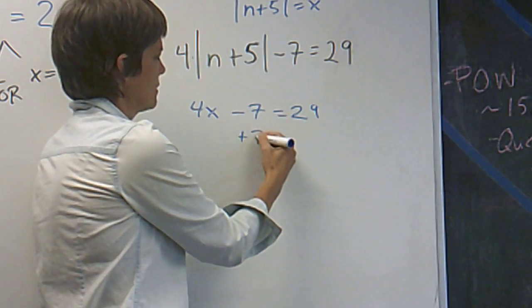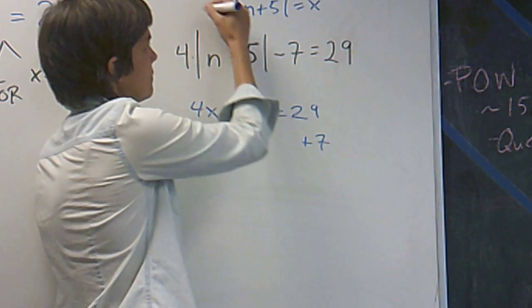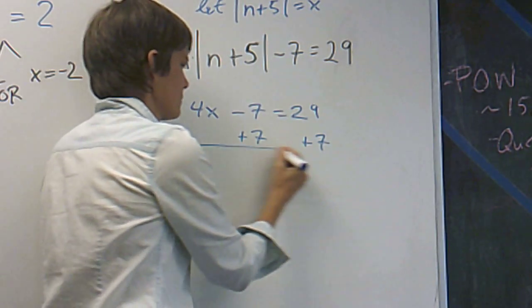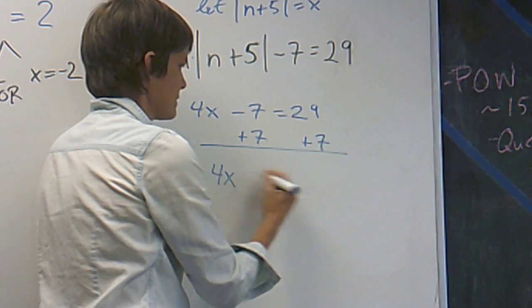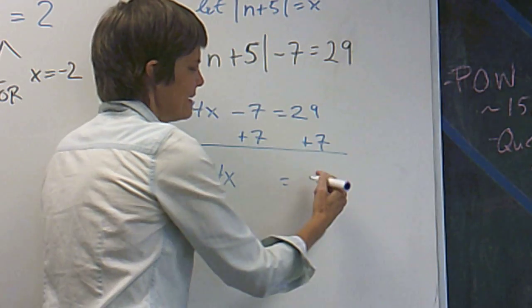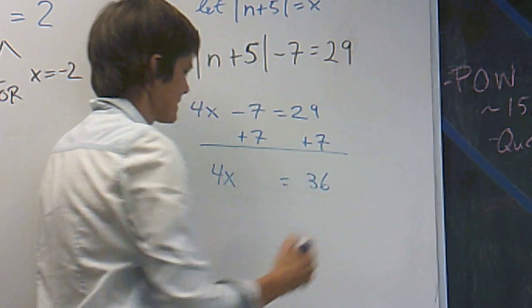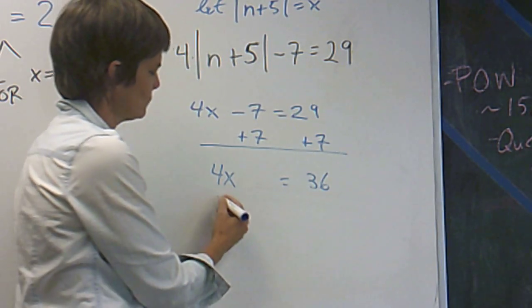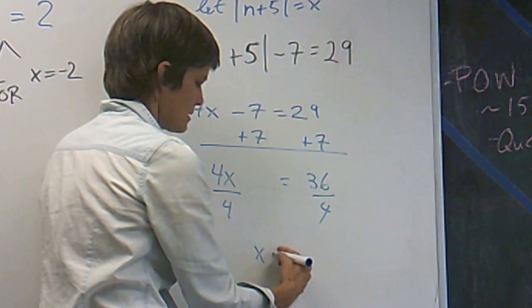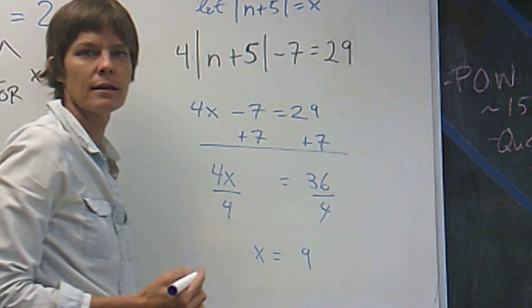Add 7, add 7. 4x equals, oh, doesn't equal 29, equals 36. Divide by 4. Divide by 4. x is 9.